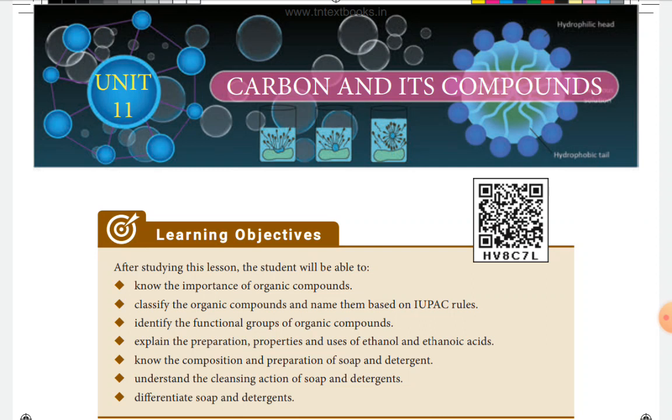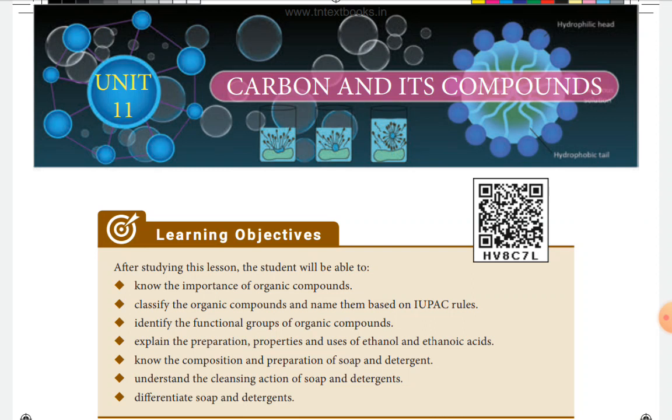What is the symbol of carbon? C. You have to write it in capital letter C. And this carbon is placed in the 14th group of the periodic table.